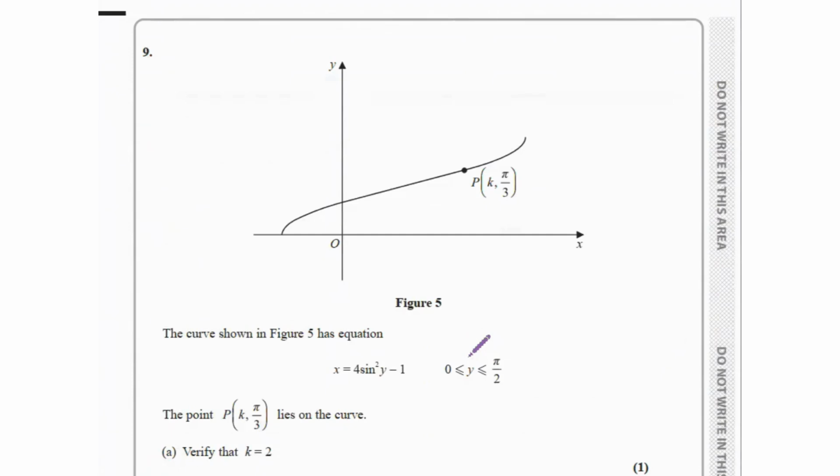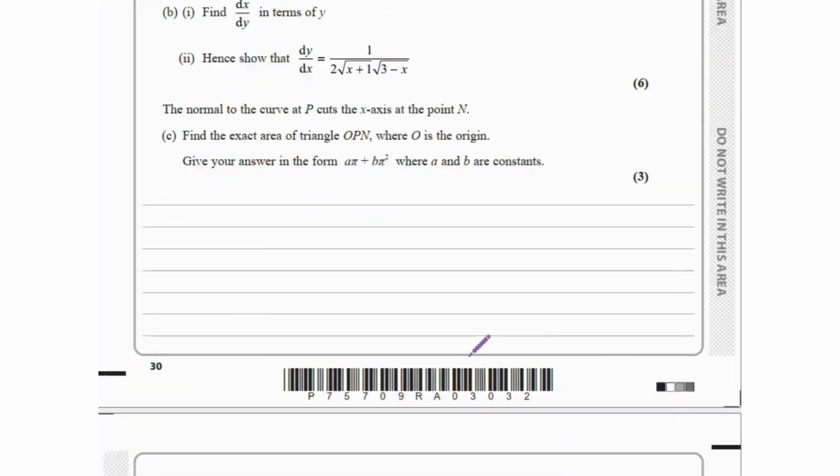Then it says the curve shown in figure 5 has equation x equals 4 sine squared y minus 1, for y from 0 to pi by 2. The point P, which is (k, pi by 3), lies on the curve. Verify that k equals 2. So for that, we just put the value of x equals k and y equals pi by 3 in the equation. And that should give us the value of k as 2.